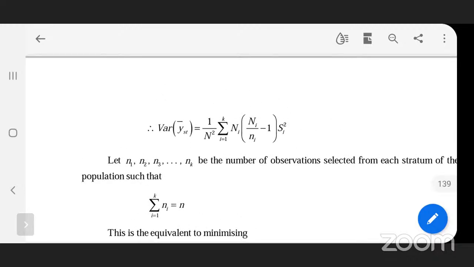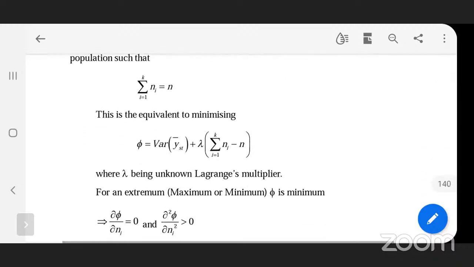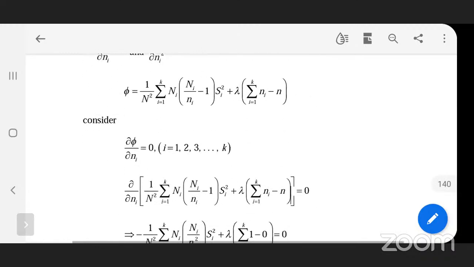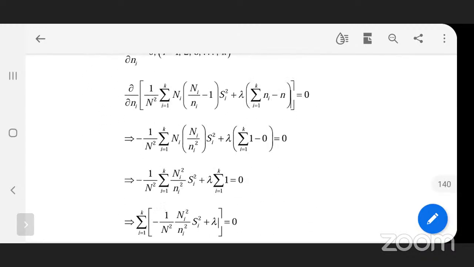Further, it is a different kind of the observations of the strata variance I got. I added lambda into summation I equal to 1 to k, ni minus n. Differentiating with respect to ni, I get minus 1 by N square into summation I equal to 1 to k, Ni into capital Ni by ni square into Si square, plus lambda into summation I equal to 1 to k of 1, minus 0 equal to 0.